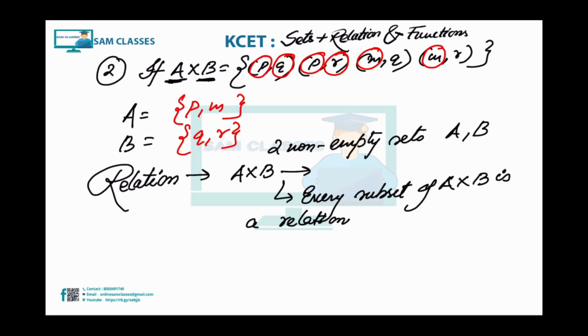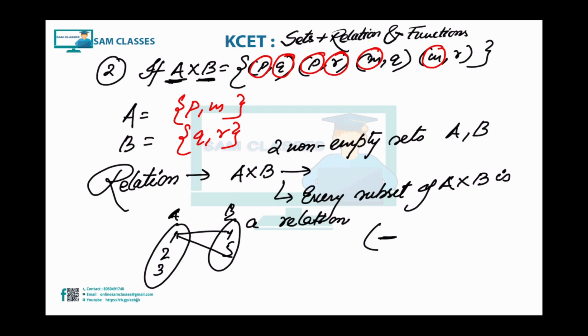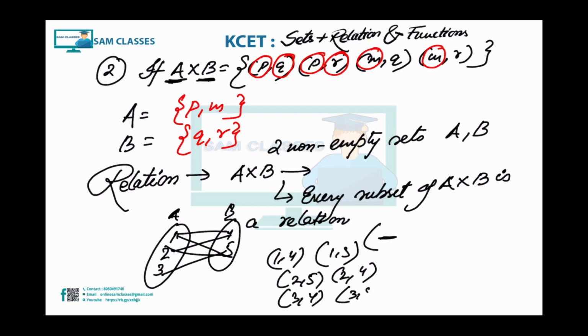Now, in the relation part, we have two important things. Whenever a relation is there, let's say it has two sets, A and B. So A is like {1, 2, 3} and B is like {4, 5}. So the cross product gives (1, 4), (1, 5), (2, 5), (2, 4), (3, 4) and (3, 5). Now the elements which belong to the first set are known as what? The domain.